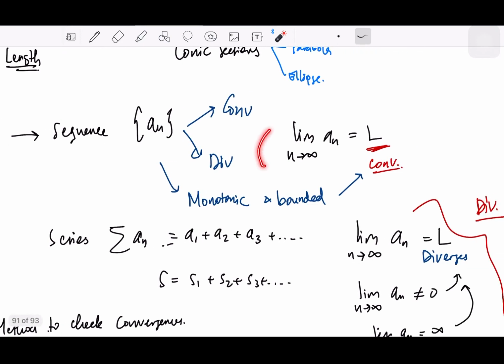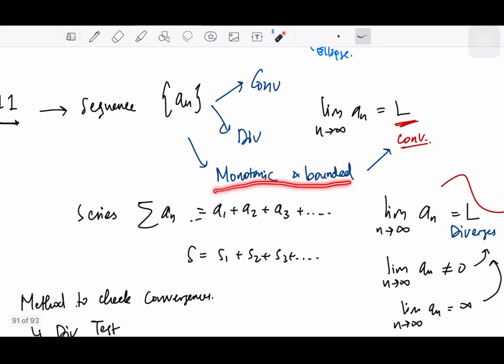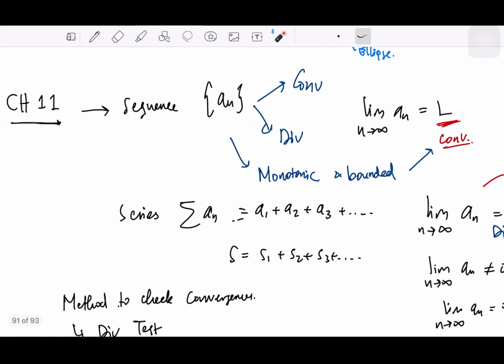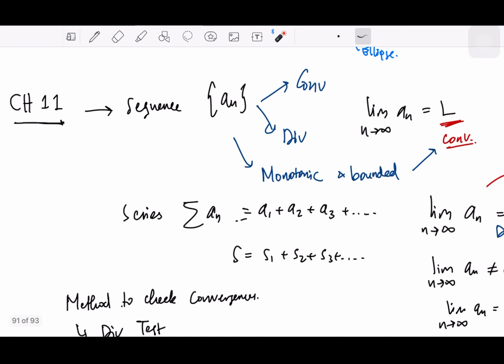Or we can use the limit approach to get to our L, which is converge. Or we can say that every sequence that has a monotonic property, either increasing or decreasing, and is bounded by a number, will be a converged sequence.